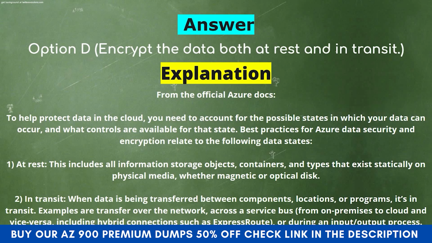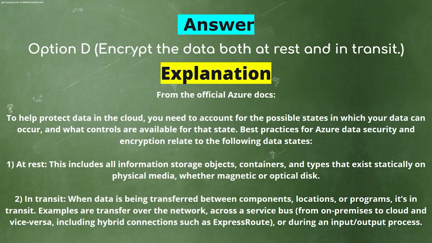Number 2. In transit. When data is being transferred between components, locations, or programs, it's in transit. Examples are transfer over the network, across a service bus, from on-premises to cloud and vice versa, including hybrid connections such as ExpressRoute, or during an input or output process.